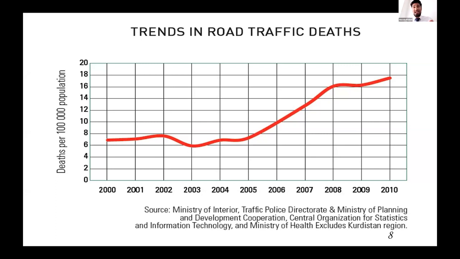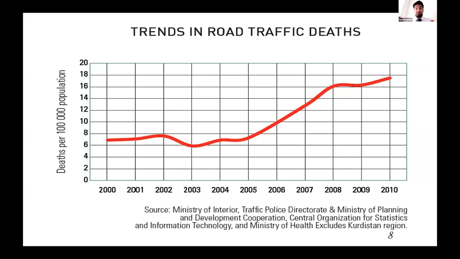They don't have a Ministry of Planning, they don't have any collected data or any system where you can just find the data. So I will let you know how I tried to collect this data for the first time in Iraq. Even the government doesn't have data.